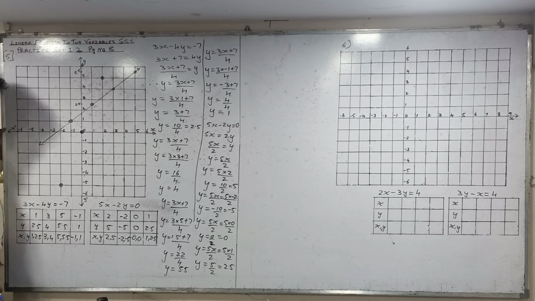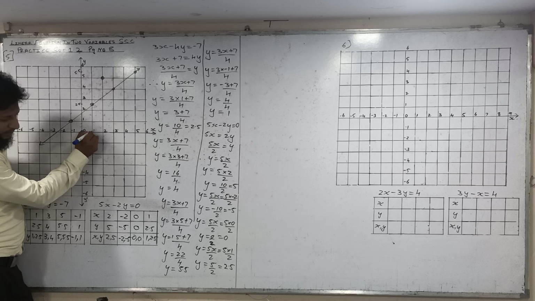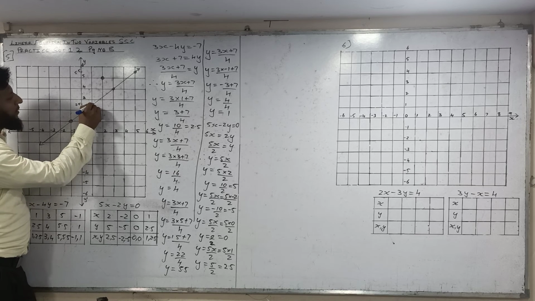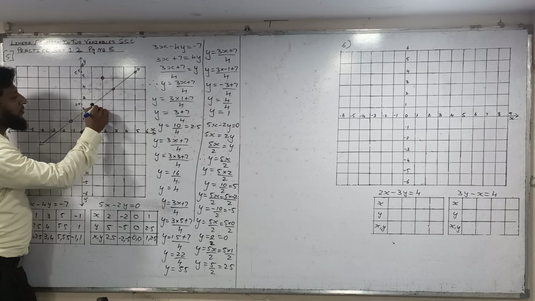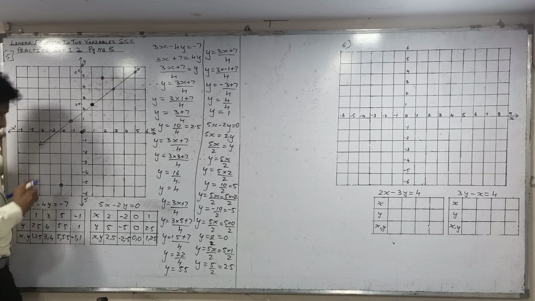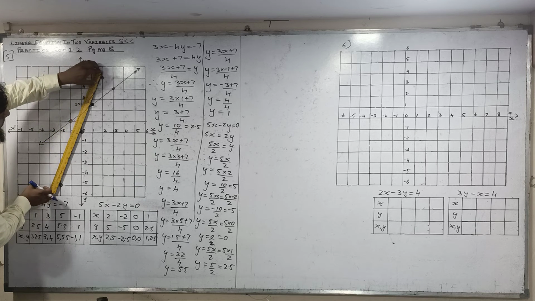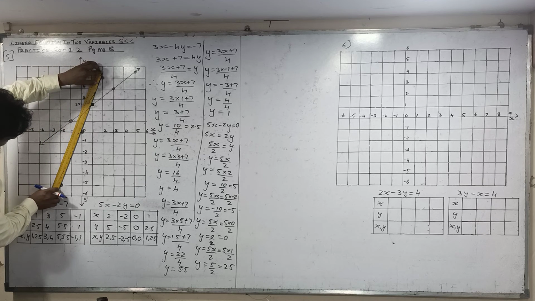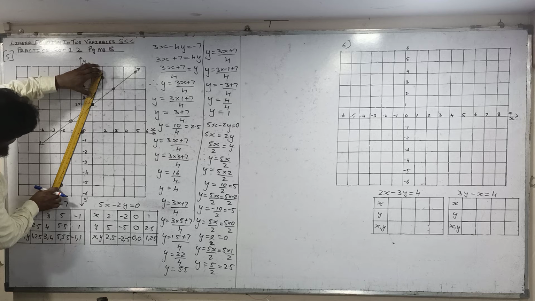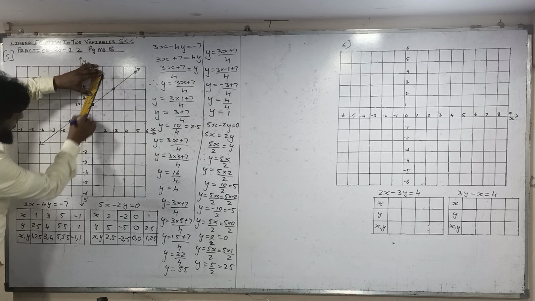So this is the center point. Now x value 1 and y value 2.5. So this is the point. So 1, 2, 3 and 4. So now arrange all these 4 points. After arranging, draw the line.